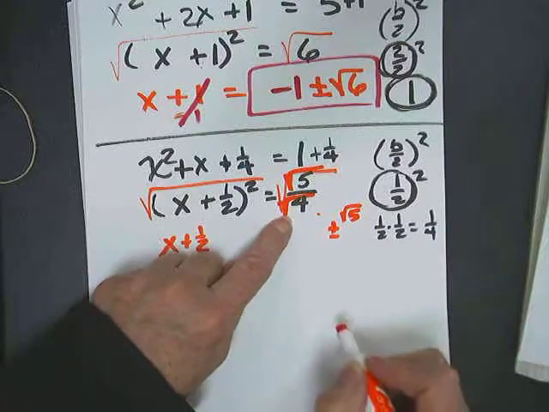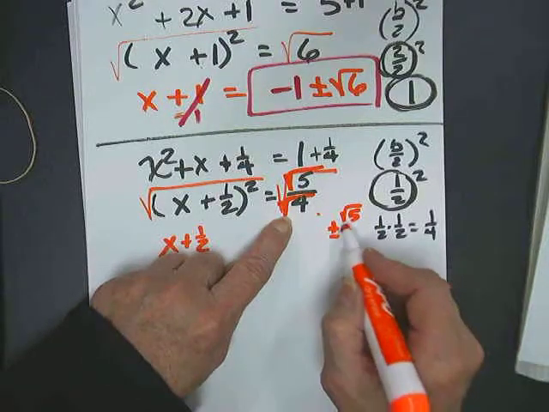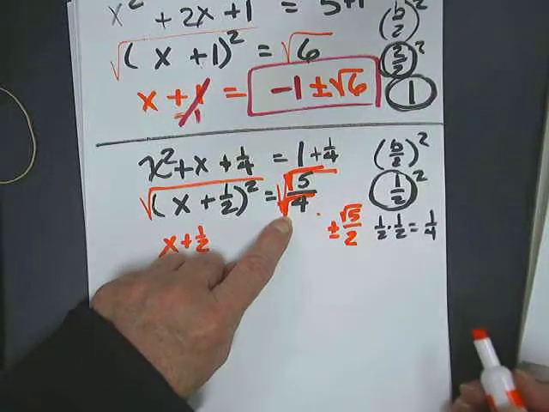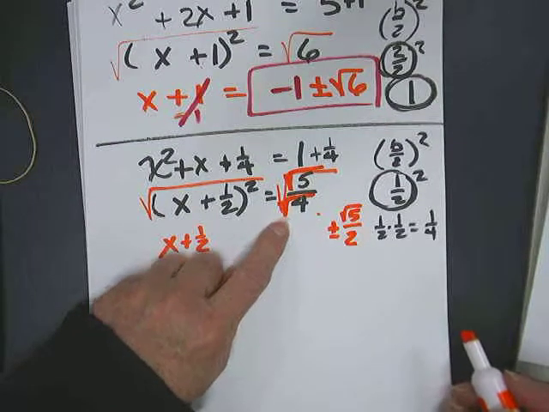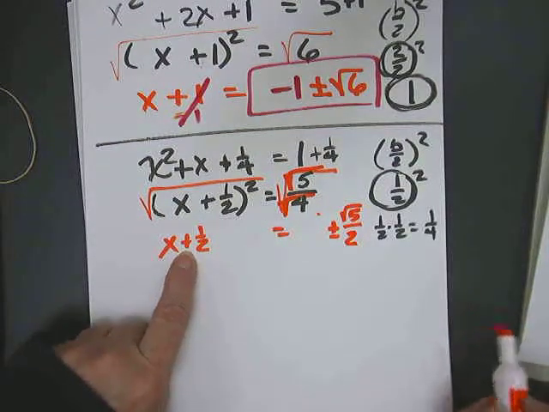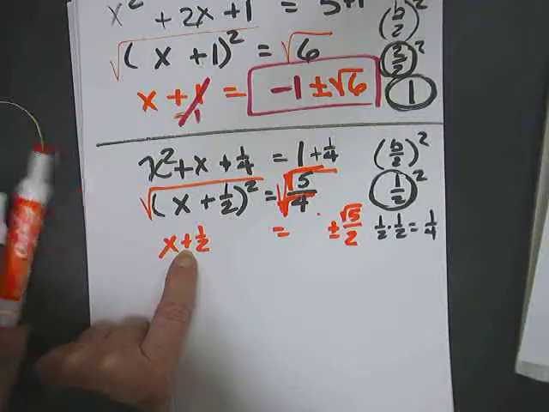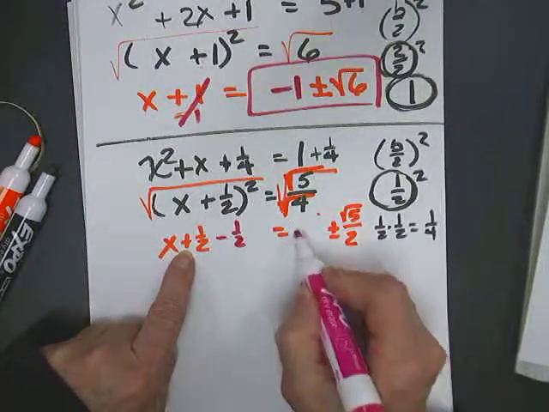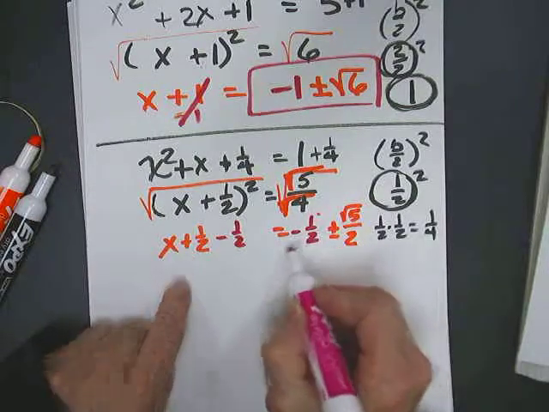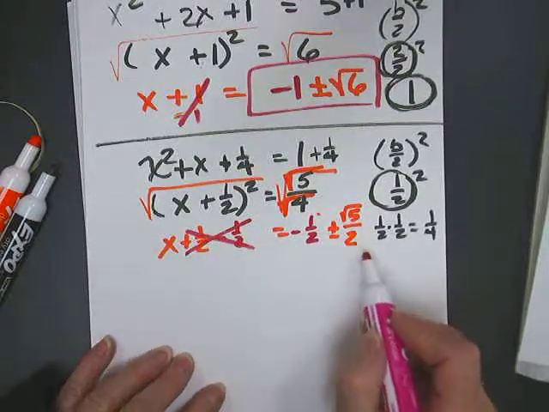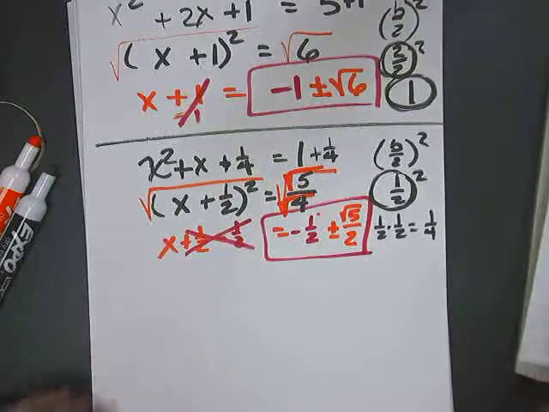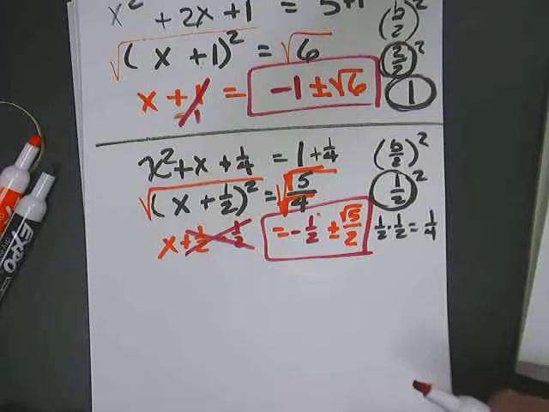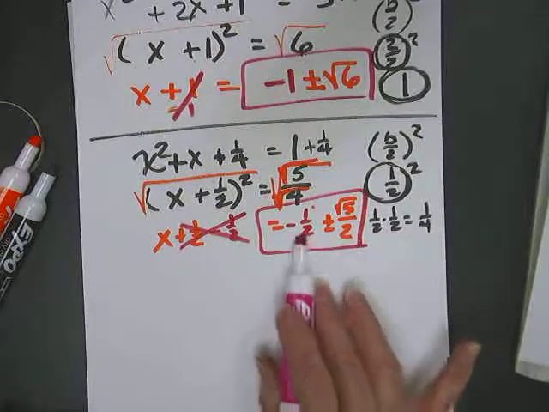Square root both sides to get rid of the square. So we have x plus 1/2. We're going to put a plus or minus. I'm going to put a square root on top and on bottom. We'll leave the square root of 5. The square root of 4 is what? 2. Subtract this from both sides.